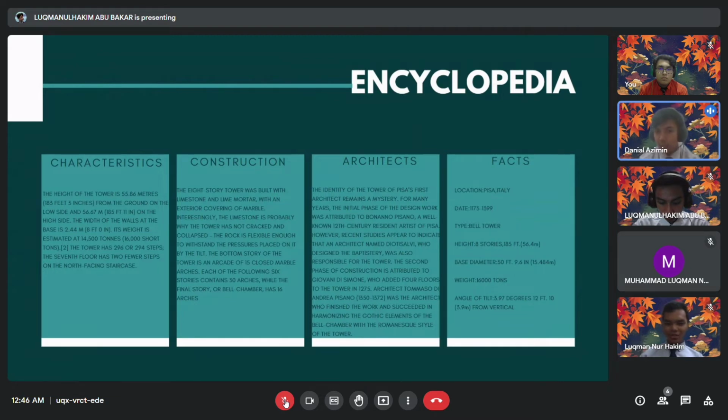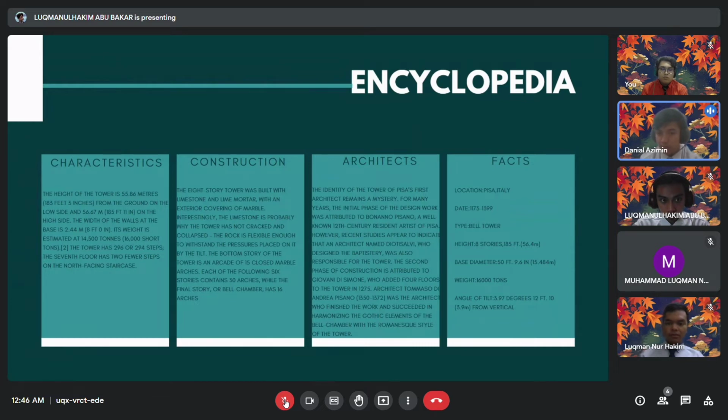The identity of the Tower of Pisa's first architect remained a mystery for many years. The initial phase of the design work was attributed to Bonanno Pisano, a well-known 12th century resident artist of Pisa. However, recent studies appear to indicate that an architect named Diotisalvi, who designed the baptistry, was also responsible for the tower.